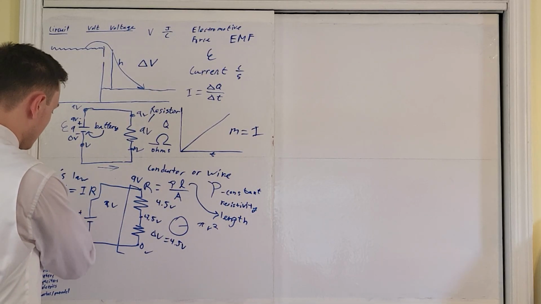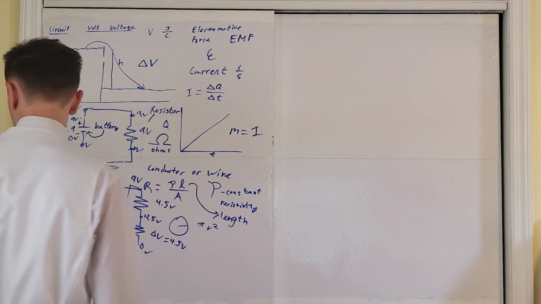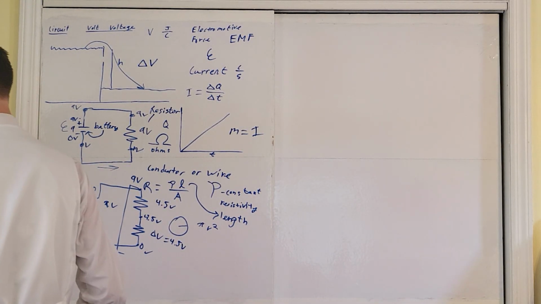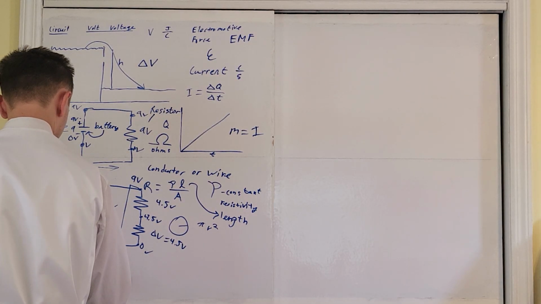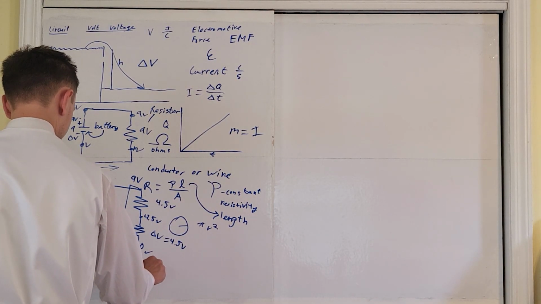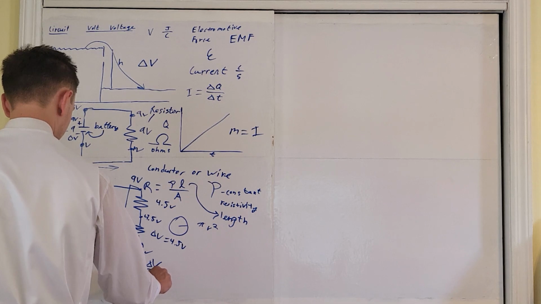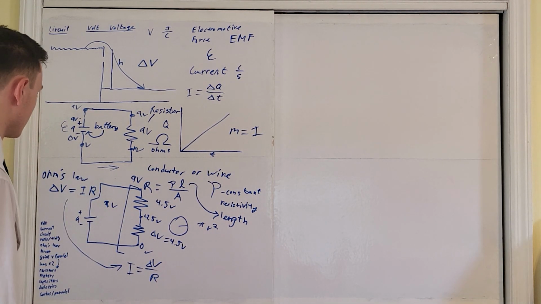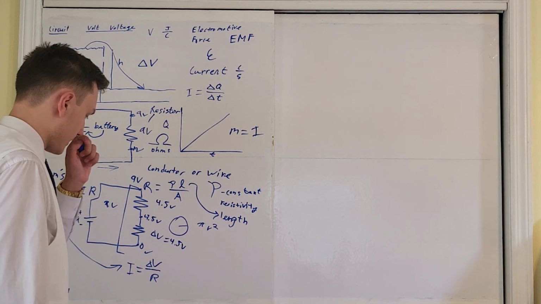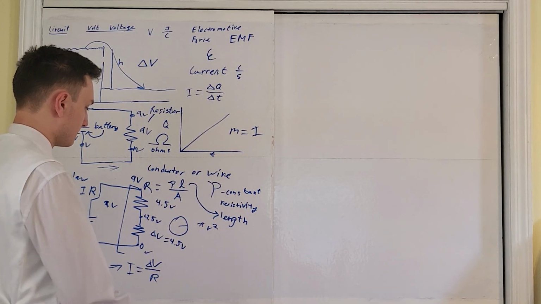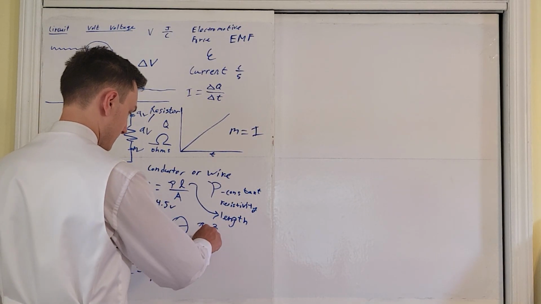Now this equation, delta V equals IR, is expressed on your reference table as I equals delta V over R. Again, you can see that they're the same equation. It's just one manipulation.